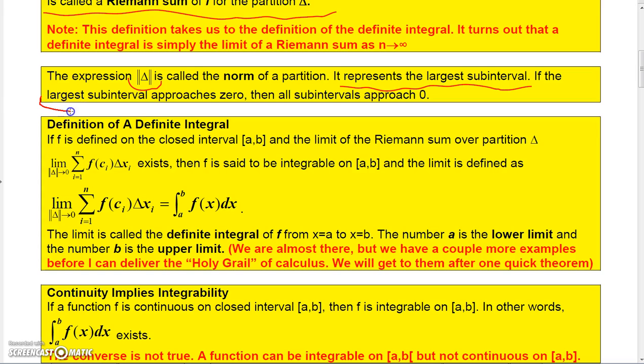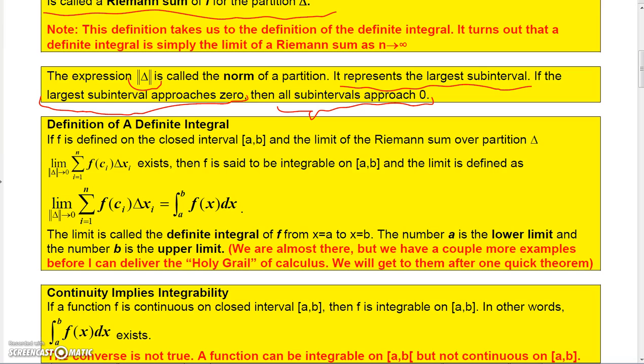If the largest subinterval's width approaches 0, then all the other subintervals have to approach 0 as well.